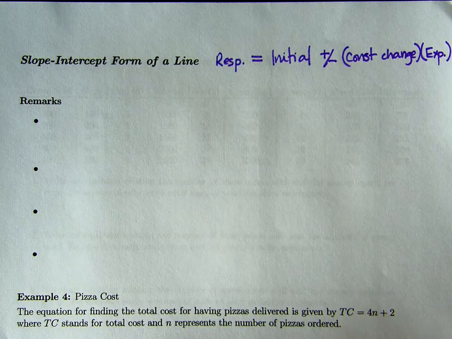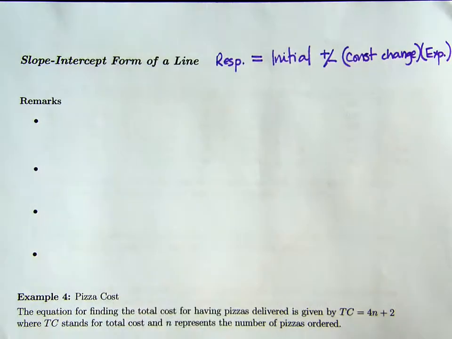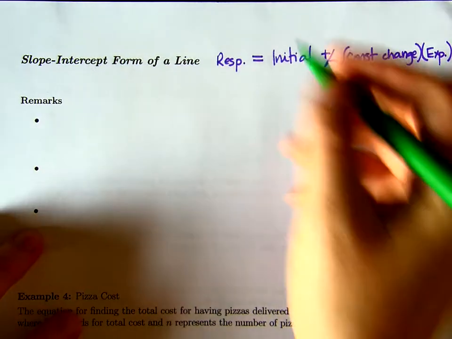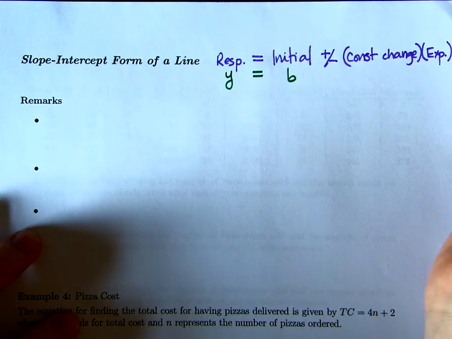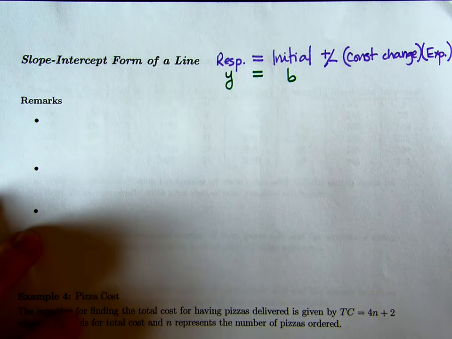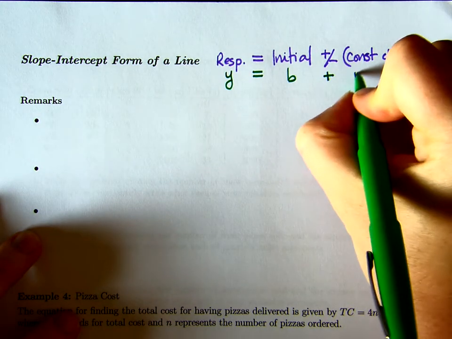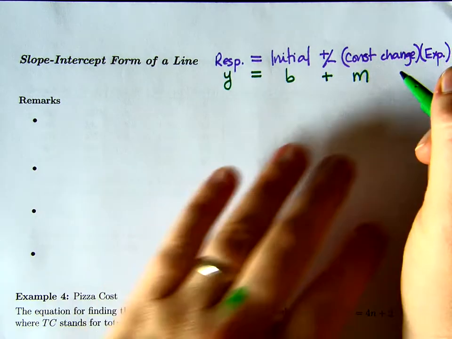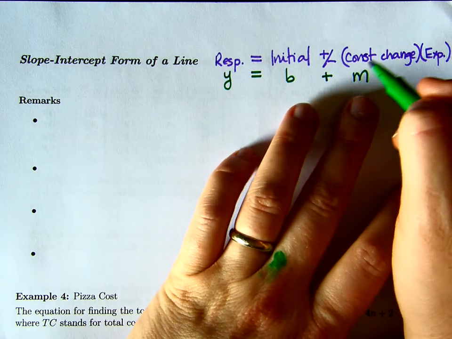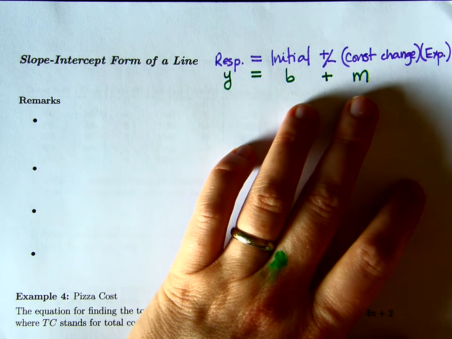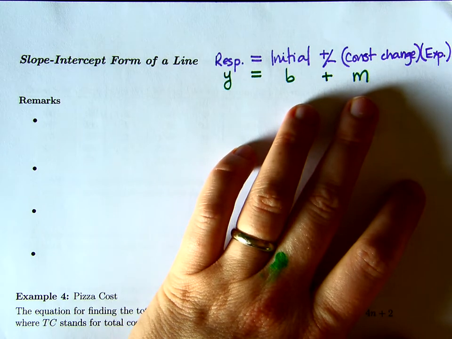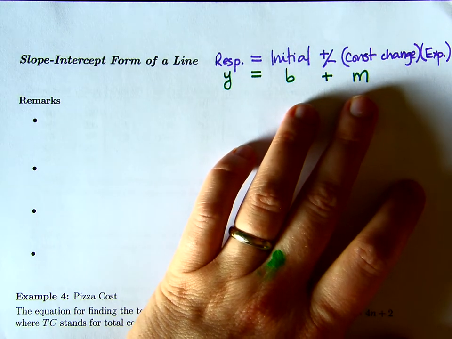So, rewritten in terms of textbook style, this would read y is equal to the initial, which is b, called the y-intercept, plus or minus whatever the constant change is. Of course, that is the slope, as we know, because that constant change is actually the ratio of the change in the response to the change in the explanatory, which is also known as the ratio of change, the rate of change, the slope.